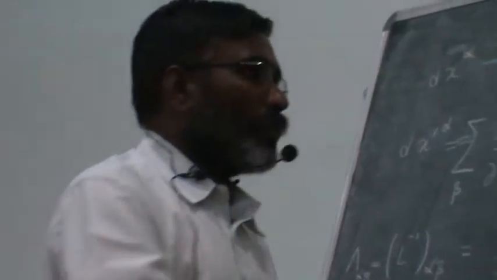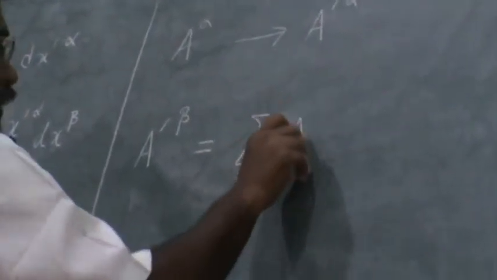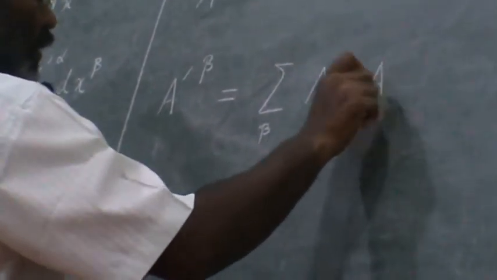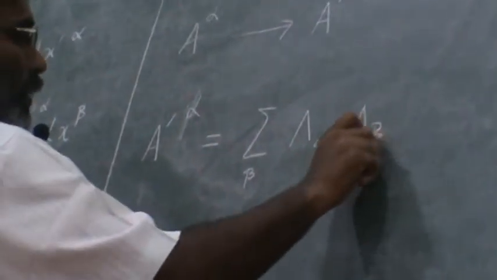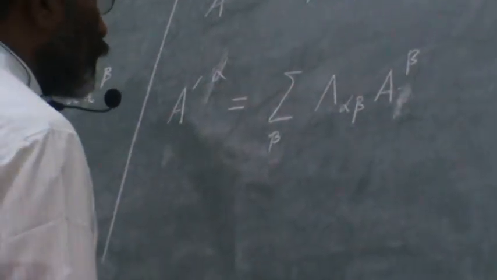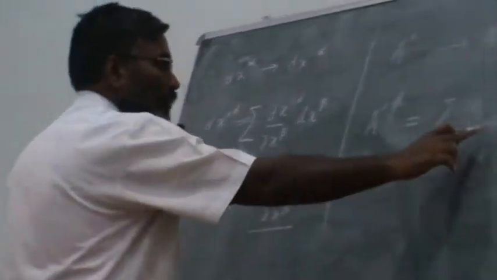Okay, so I am going to have the sum over beta of lambda alpha beta times A beta. What is lambda alpha beta? It's the same quantity.